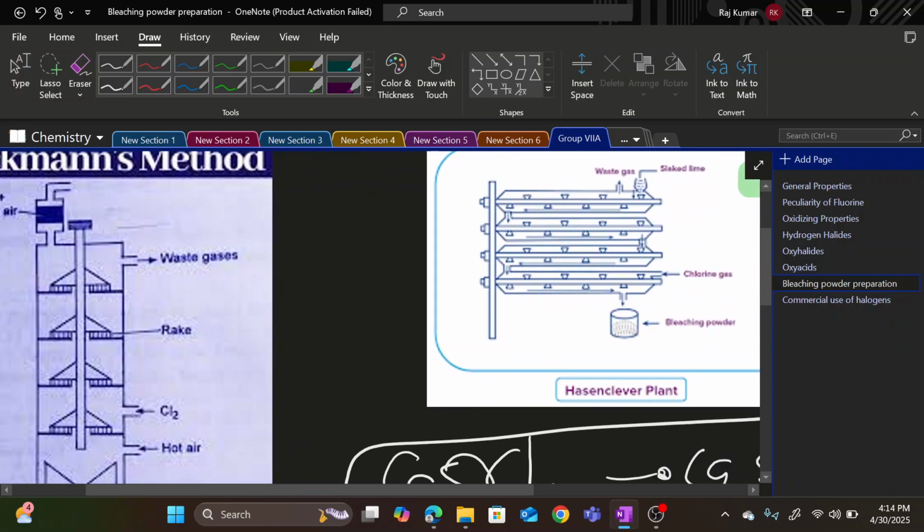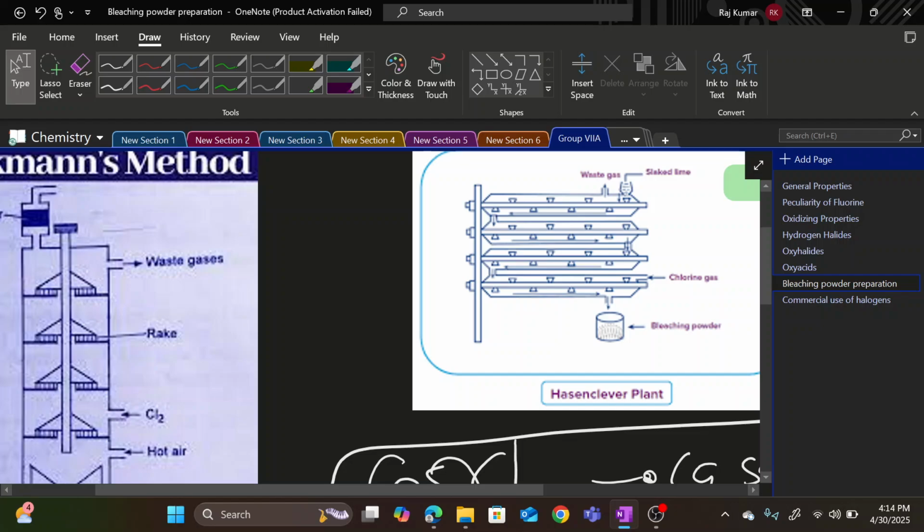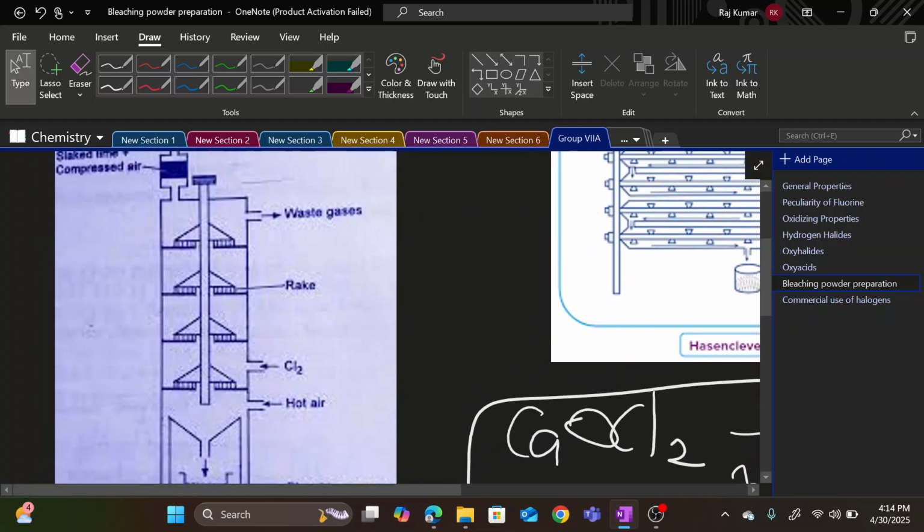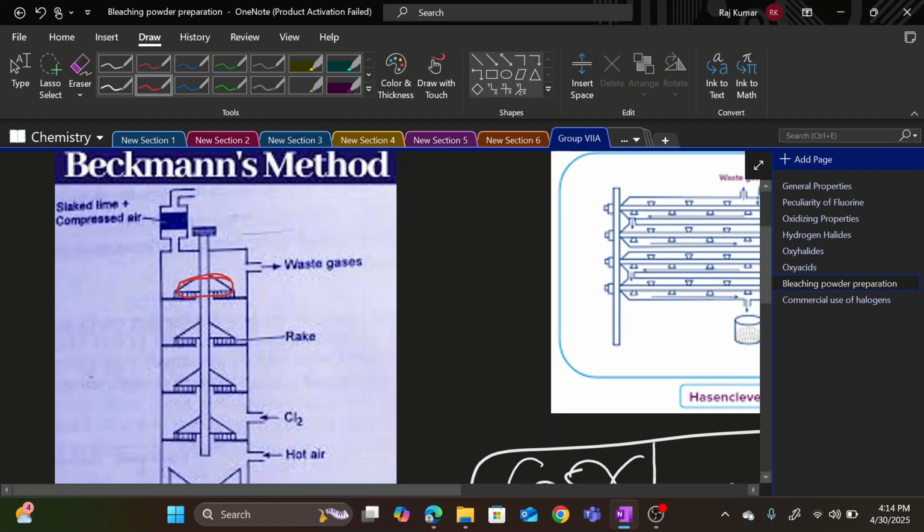There are 8 iron cylinders, but instead of being arranged horizontally, they are arranged in a tower vertically. If you just see, these cylinders are arranged vertically, and each cylinder has a rotor, such that when we turn on the machine, the slaked lime which is coming from the hopper in compressed air is rotated continuously with the help of the rotor, so that the chlorine gas which is present in the entire tower is easily mixed with slaked lime.